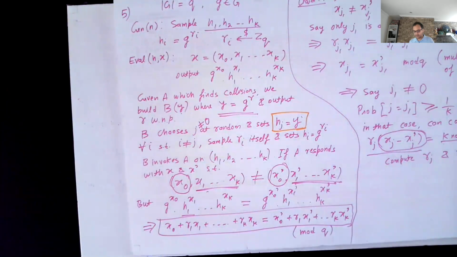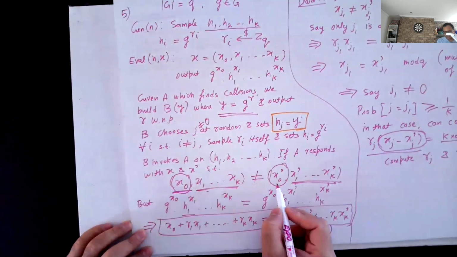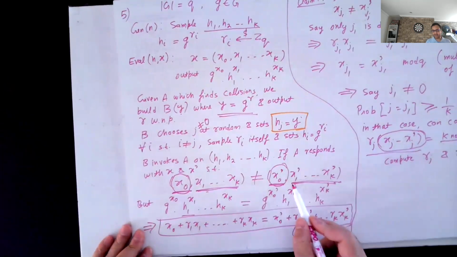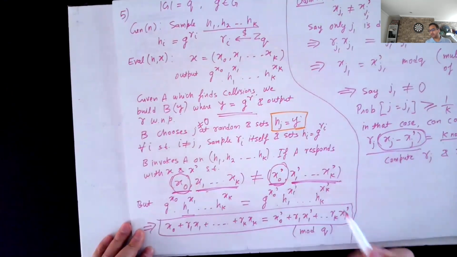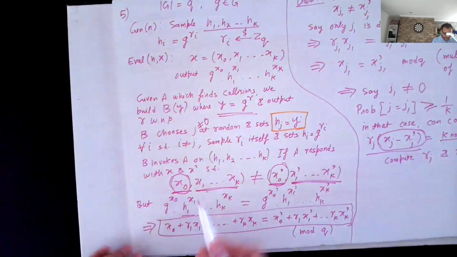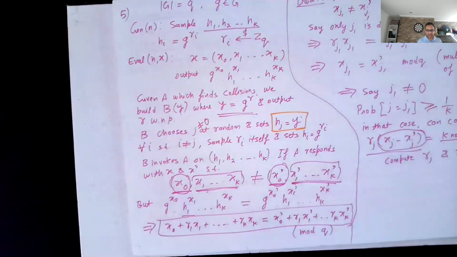H0 is the same as G. So this means that if only x0 was different from x0 prime, but all the other xi's were identical, then you never get to solve the discrete log problem, right? Because your randomly chosen index is somewhere here. On the other hand, if you have a guarantee that at least two are different, then one of them can be 0, but the other one has to be from one of these.